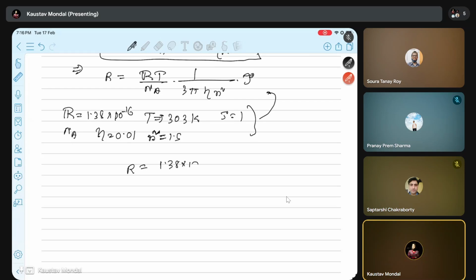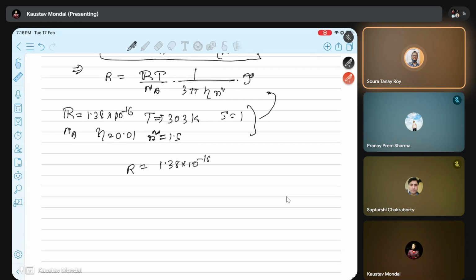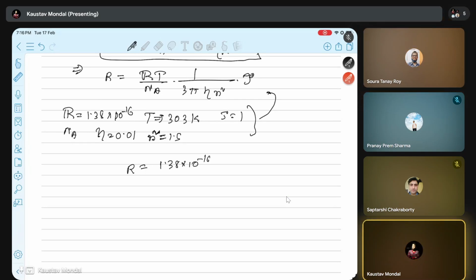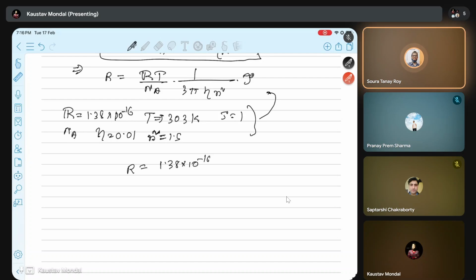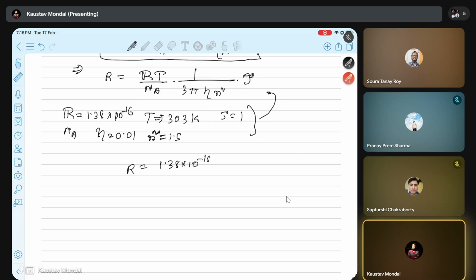So if you put everything here... R is not 1.38 into 10 to the power minus 16. It is the universal gas constant, so it should be 8.314 joule per mole per Kelvin, because 1.38 into 10 to the power minus 23 is the Boltzmann constant. Yes, what you are saying is correct.